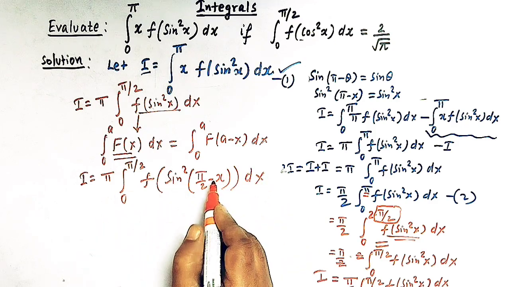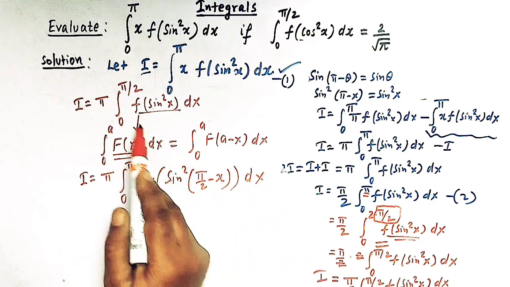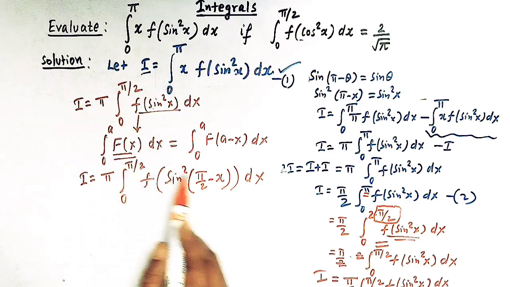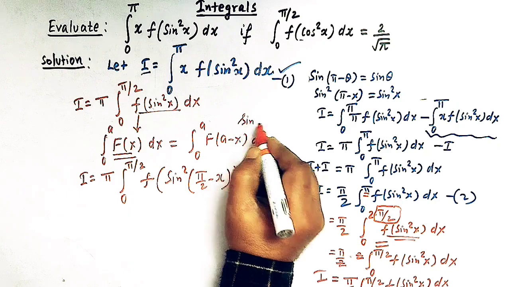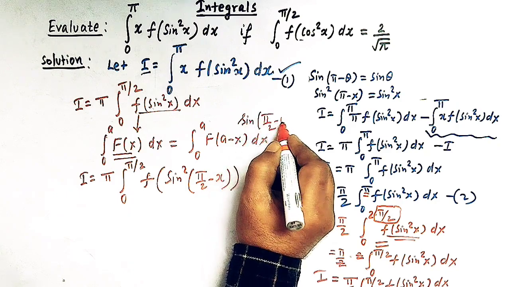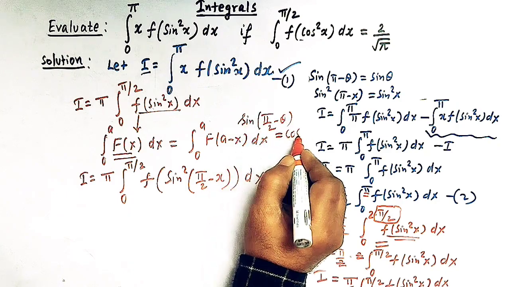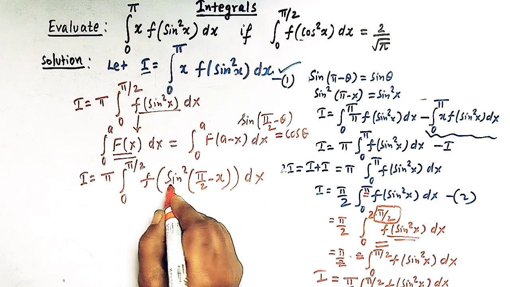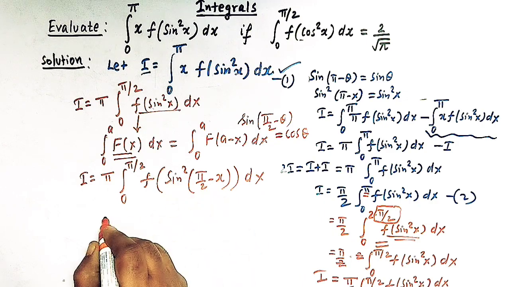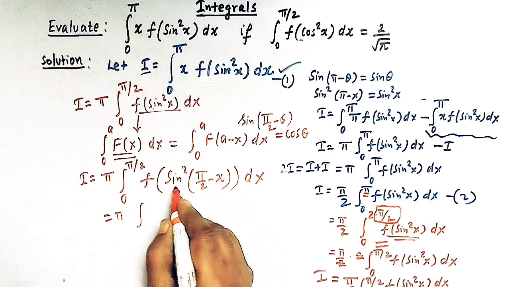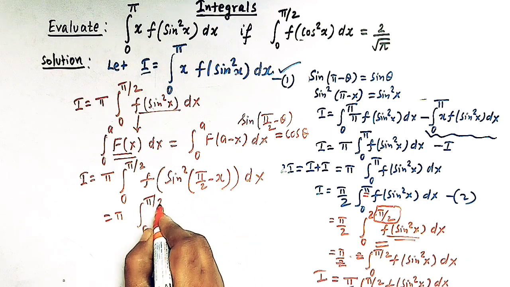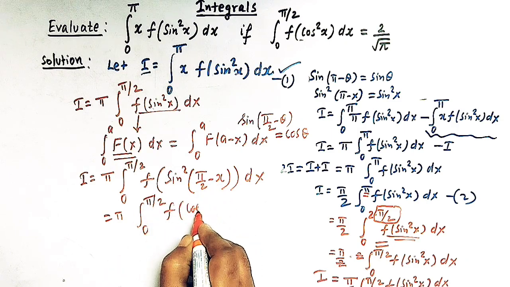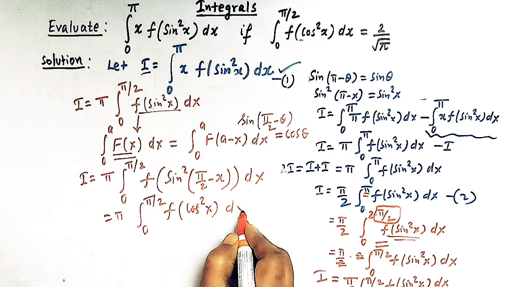So replacing this x by pi by 2 minus x, right? So we know that from trigonometry sine pi by 2 minus theta is equal to cosine theta, right? So here sine square pi by 2 minus x is equal to cos square x, and we have 0 to pi by 2 and f of cos square x and dx.